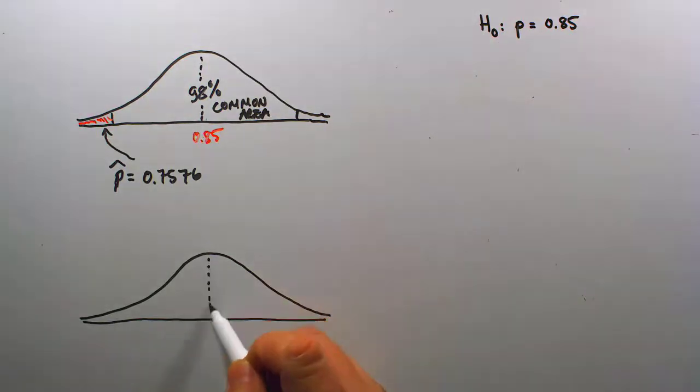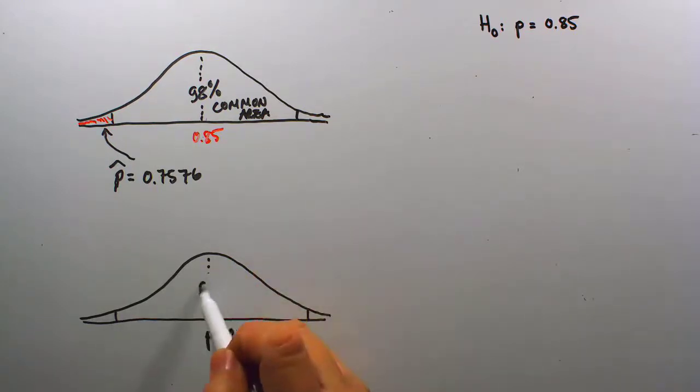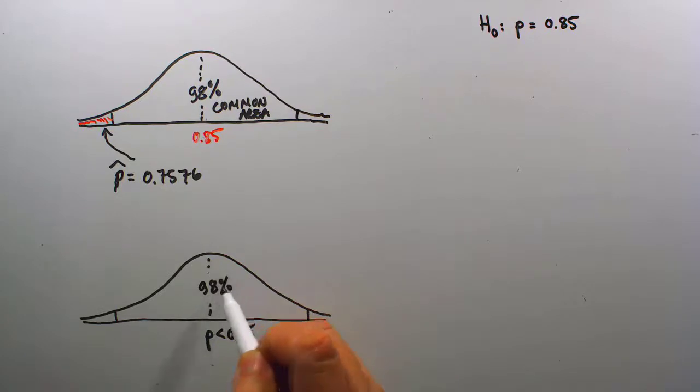Let's say hypothetically the new claim is a value lower than 0.85. Then there's still that common area of 98% in the middle.